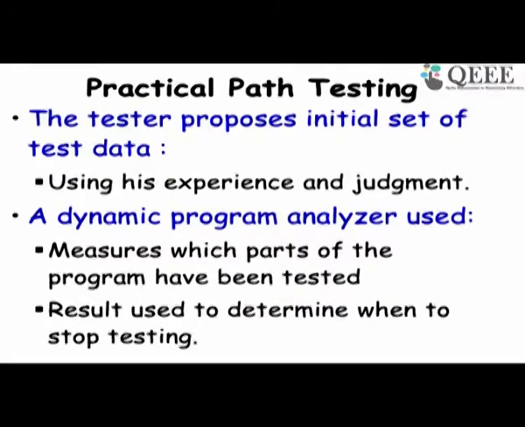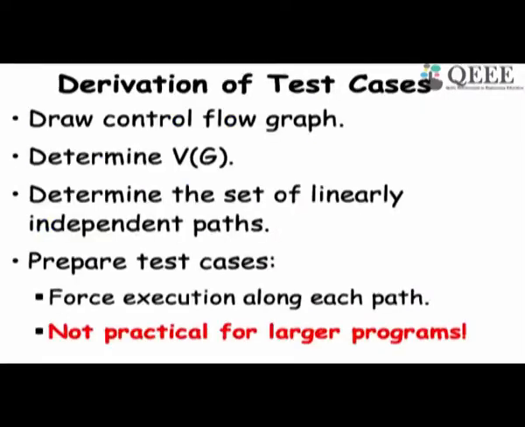As the tests are executed, the dynamic analysis tool keeps showing the coverage. So the programmer keeps giving input values until the dynamic program analyzer shows a figure of 90, 95% or something like that. Different companies have different policies on how much path coverage is required.